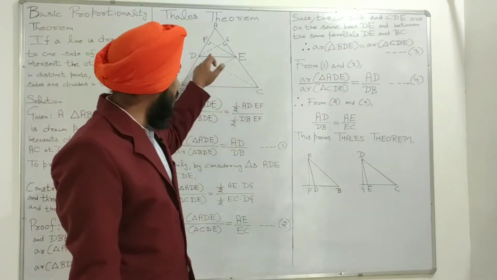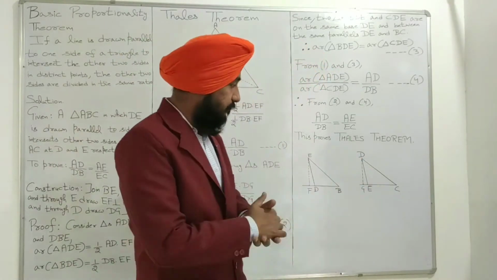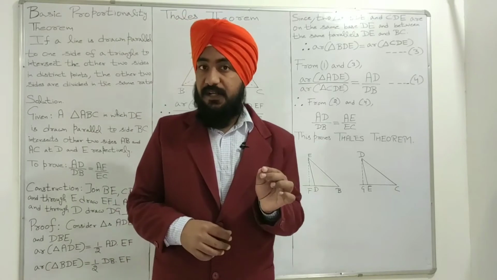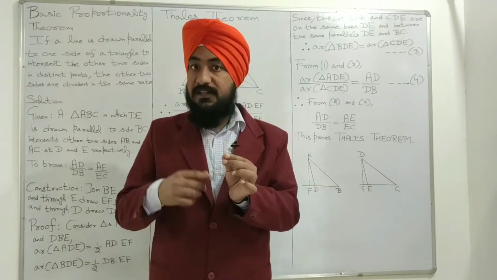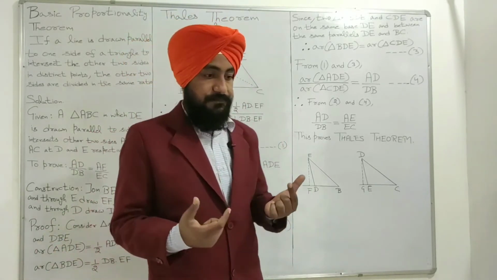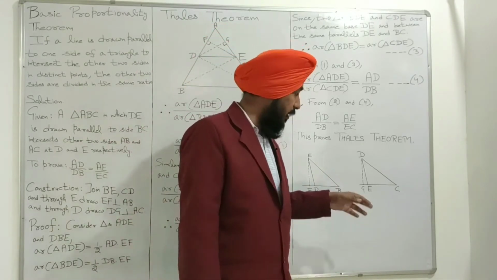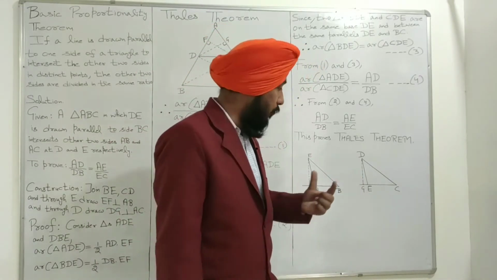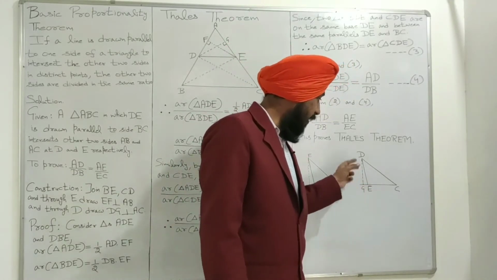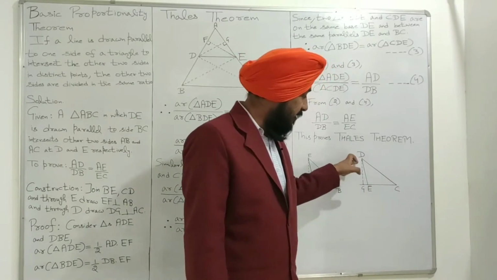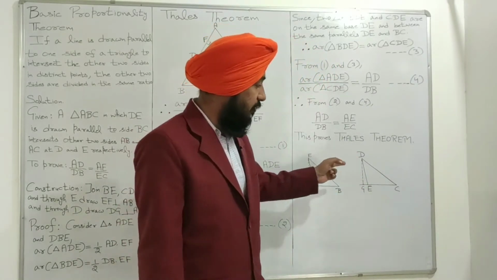You can see CDE. For taking the height of an obtuse triangle, I have told you we can't measure the height inside the triangle. We have to make the height outside the triangle, and for taking the height I have taken DG perpendicular on the EC. I have produced this EC line and I have taken this DG as the perpendicular on the base EC. So this DG is representing the height of this obtuse triangle.